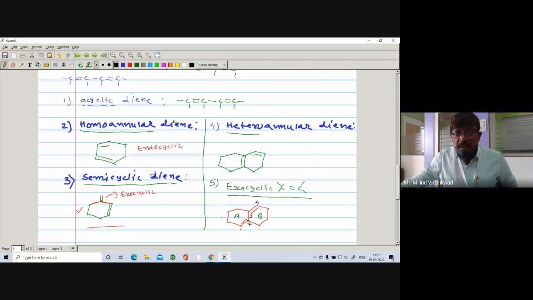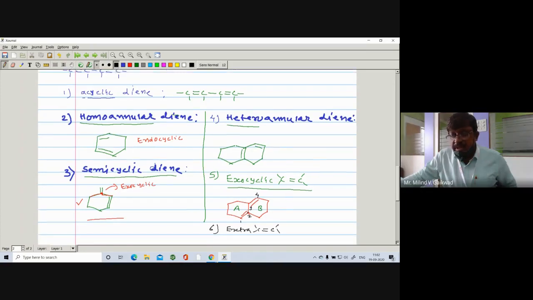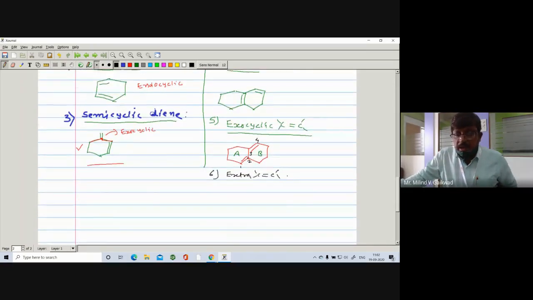Then there is an extra double bond in the conjugation. Number 6 is an extra carbon double bond in the conjugation.